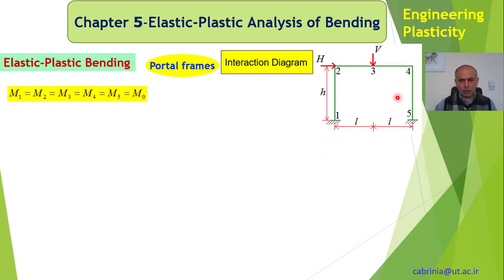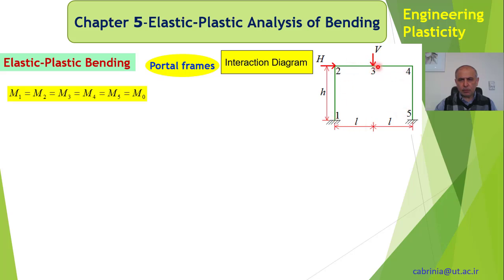A similar example to the previous one is this frame, except that H is applied at the top of this member and V is applied at the middle. So we call these hinges, or joints, 1, 2, 3, 4, and 5.